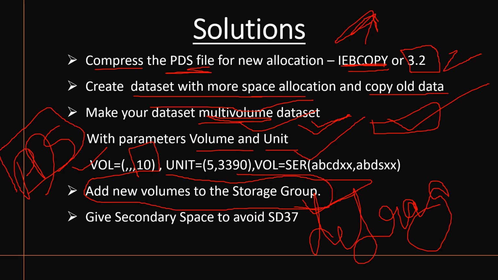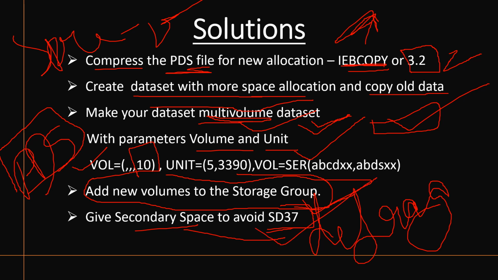For SD37, you will not have given the secondary space. So when you see an SD37 Abend, try to make changes to the space parameter. Just change the space parameter with primary allocation and secondary allocation, and that will help you avoid SD37. Otherwise, if some applications require the data to be in one extent, or want a bigger allocation, then increase the primary allocation.